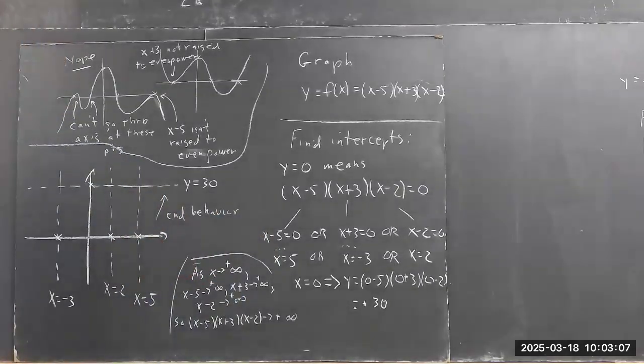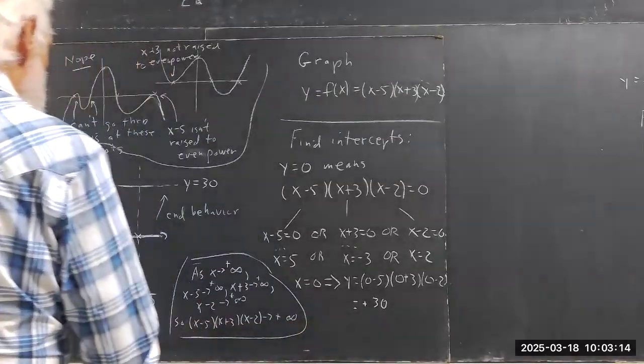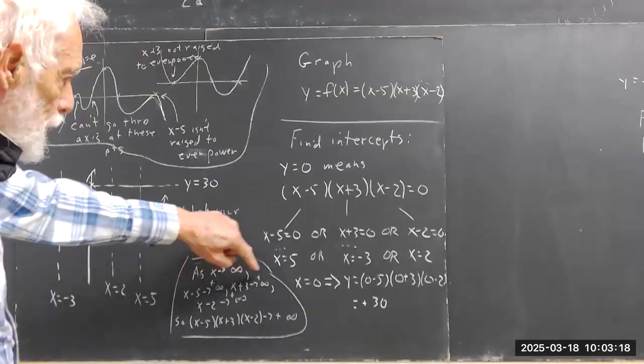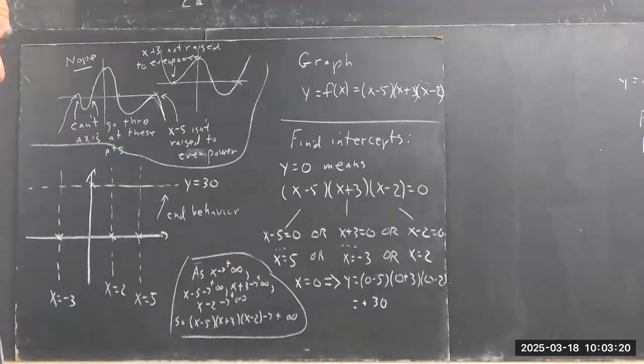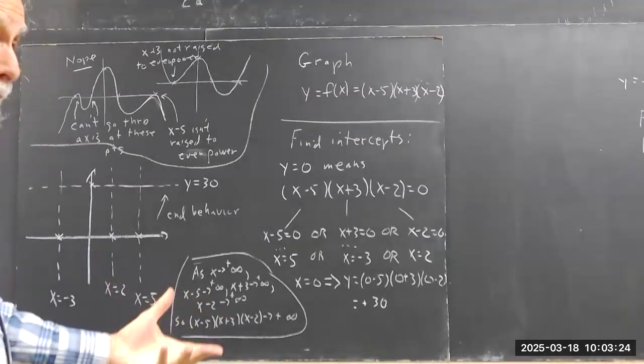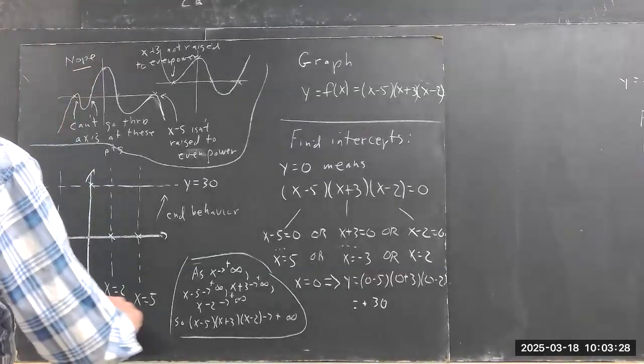It's like this on the right hand. Now on the left hand, as x goes to negative infinity, each of these will go to negative infinity, right? So you'd be multiplying three big negative numbers and you get a big negative number. So I can come down here.